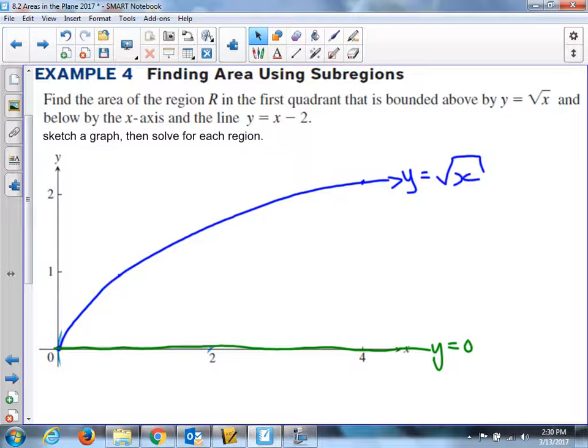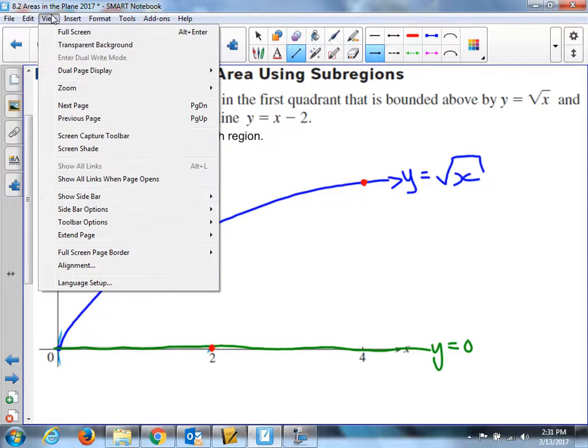And then the line, y equals x minus 2. We'll do that one in red. X minus 2 is 0 at 2. This makes it simple. And where will it be at 4? 2. So hey, intersection. Let me get the view back here.